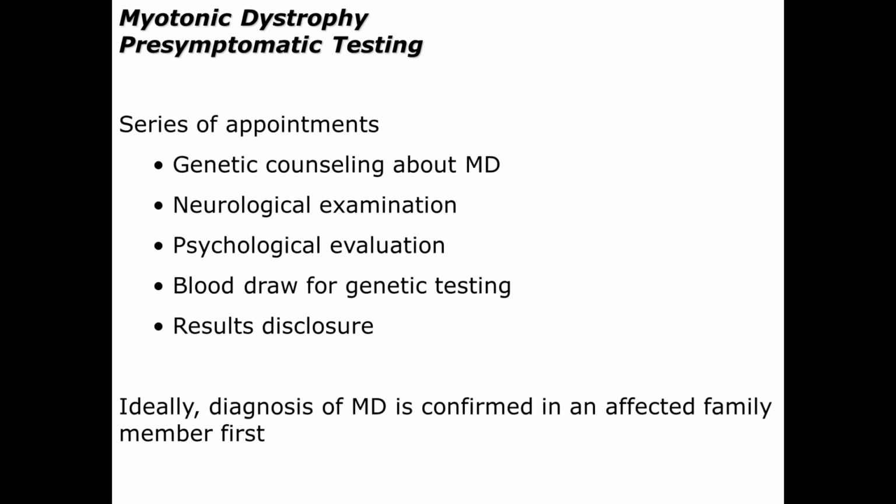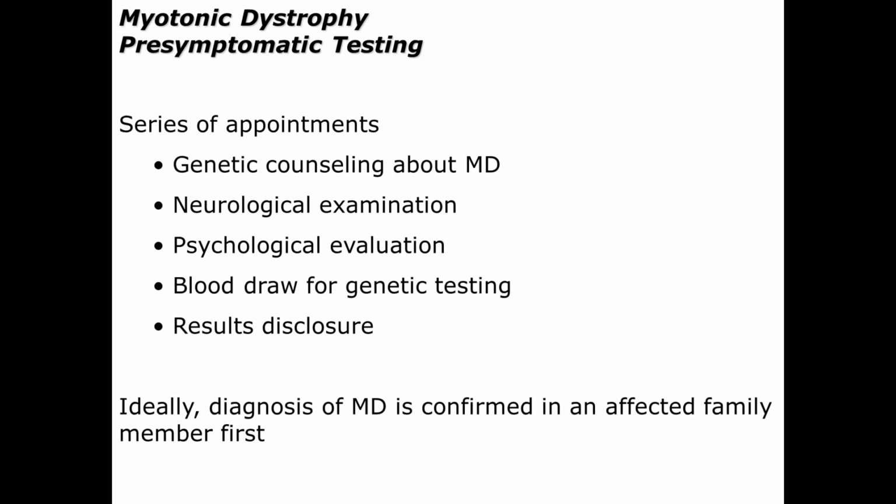Also, at the genetic counseling session, we just make sure that they're well aware of what the condition is. Occasionally, we get people who were adopted out, and we need to explain the condition a little bit more. And we also just want to make sure that they realize what the condition is, that they're making an informed decision.